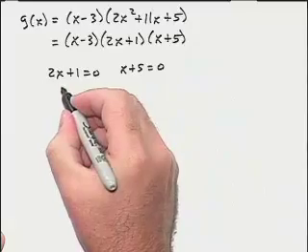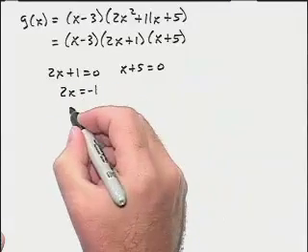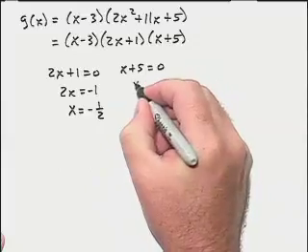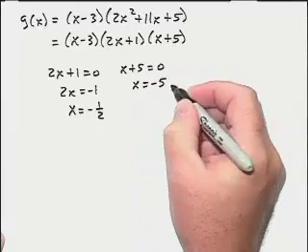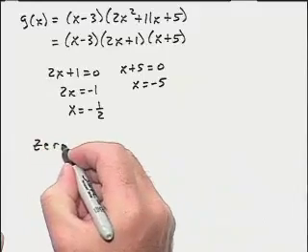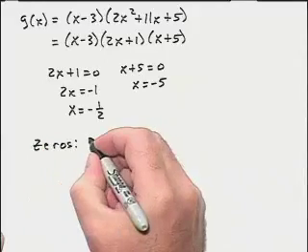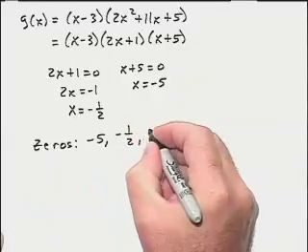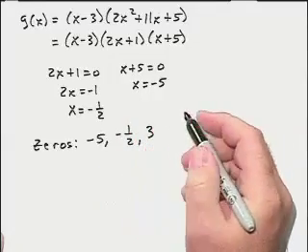So solving this equation, we get 2x equals negative 1, or x is negative 1/2. With this equation, we'll end up with x is equal to negative 5. Therefore, the zeros for our function are negative 5, negative 1/2, and 3.